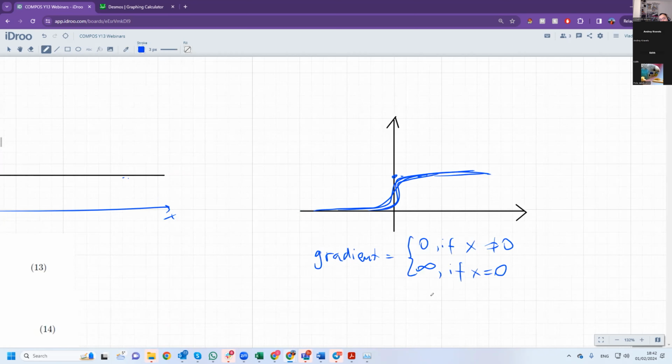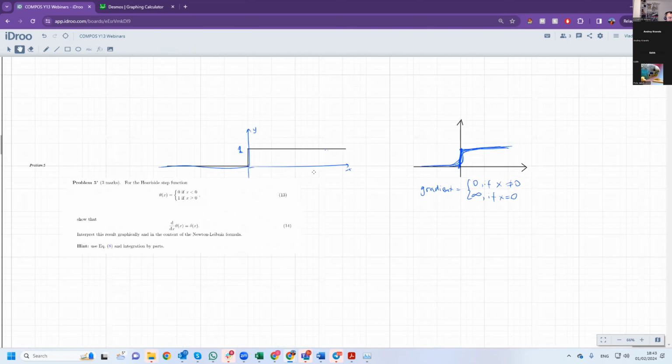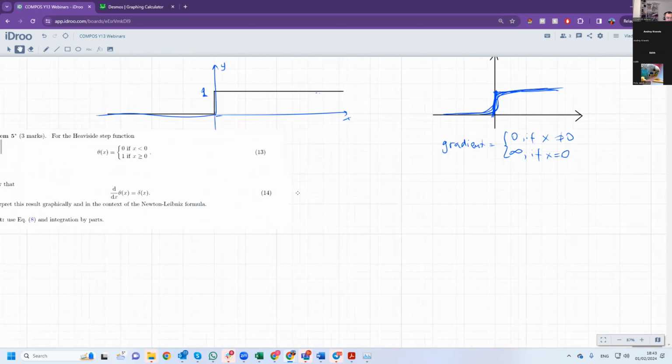What function do we know that has the same properties? Well, we've only been studying one function today, and it is the delta function. The gradient is 0, 0, 0, and then suddenly becomes infinitely large, and then again the gradient is 0. So the gradient of the Heaviside function is a delta function.